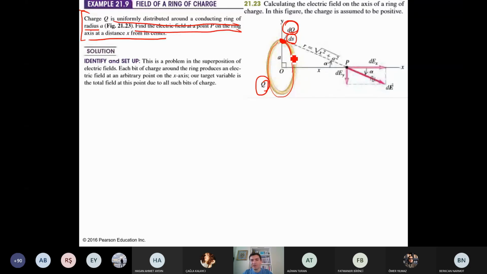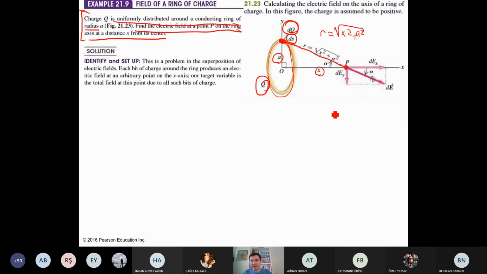And what about the distance from the ds part to point P? The distance can be calculated by using geometry. This x is given, a is given, then I can calculate distance r with this expression: square root of x squared plus a squared.